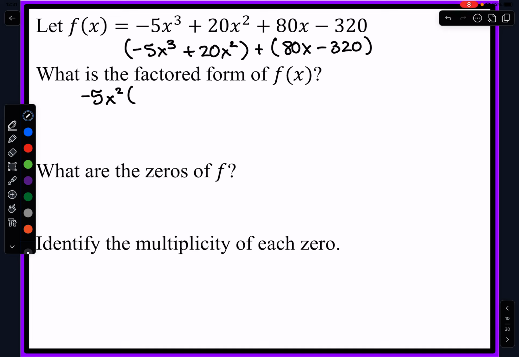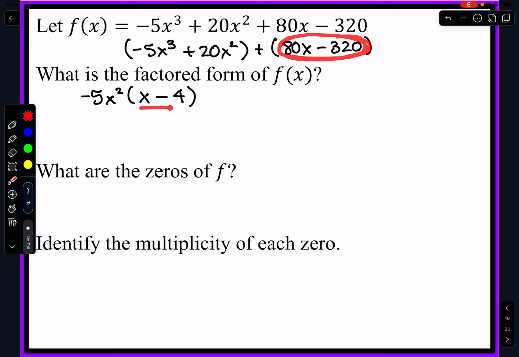So dividing negative 5 out of the first term, that's going to give us x to the first power minus, because dividing negative 20 by negative 5 is negative 4, and factoring out the x squared is just going to give us negative 4.